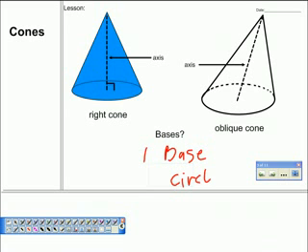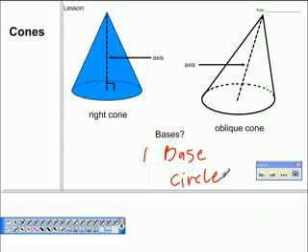So just like a cylinder has a circular base, when we get into volume, you'll see that the volume of a cone is just the same as the volume of a cylinder, except you multiply it by 1/3. What that means is I could take any cone that has the same size base as a cylinder and put that cone inside the cylinder, and its volume will be 1/3 of that cylinder.